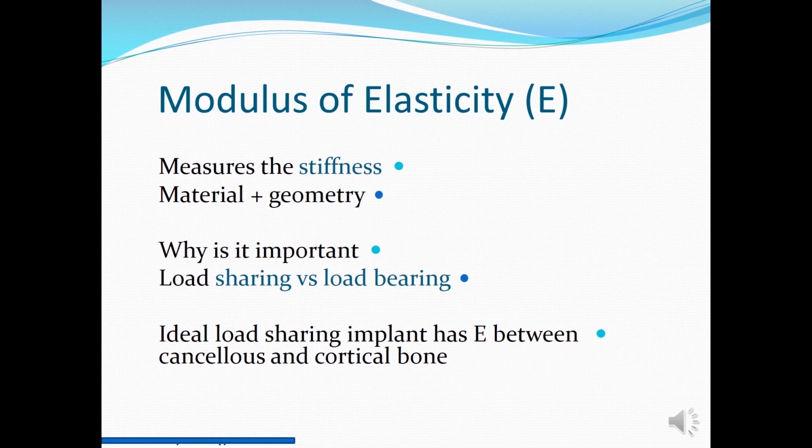It is important because for load sharing or load bearing devices, whether you need a stiff or non-stiff implant, for the ideal load sharing devices, it's better to have a modulus of elasticity between cortical and cancellous bone.